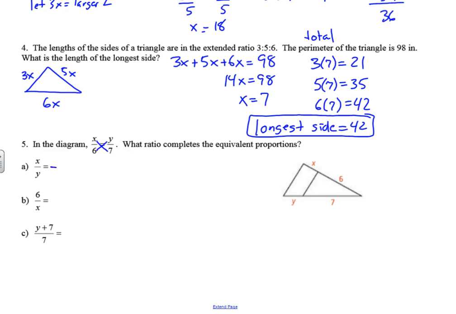So in this proportion, the x should be on the diagonal of the 7, and the y should be on the diagonal of the 6. Because when we do the cross product property, 6y equals 7x. So I look at this and I say, am I going to end up with that same equation? And that would get me there.